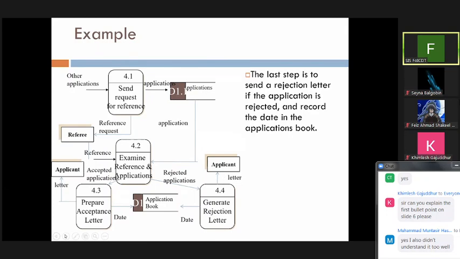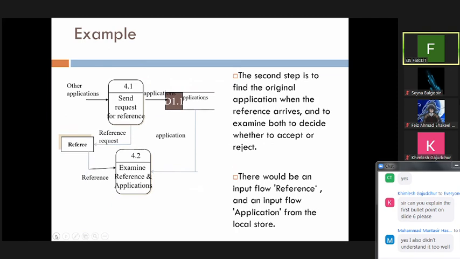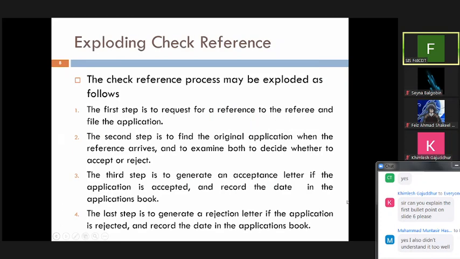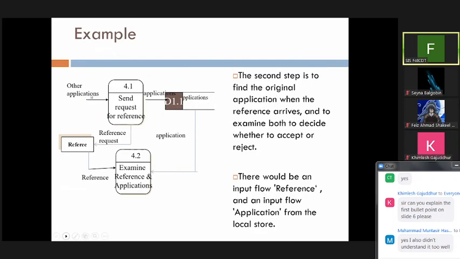Okay. So if we go back to the high level DFD, there's application that comes as input, and there's reference, there's request also that goes as output. So there's other application coming as input and reference that goes as input. So you can see that the inputs in that high level is matching the inputs in the low level.